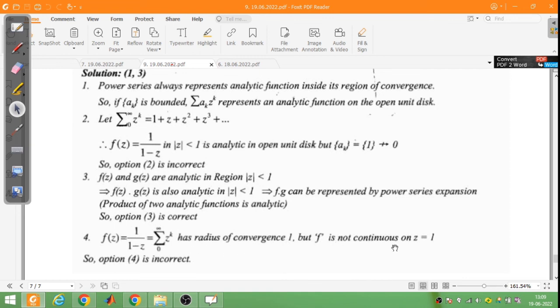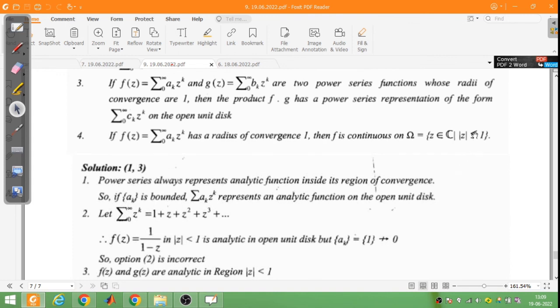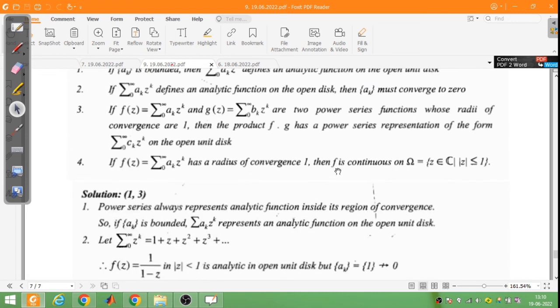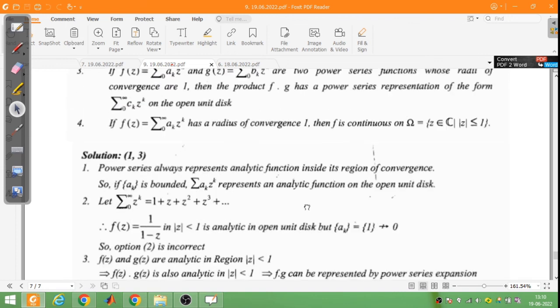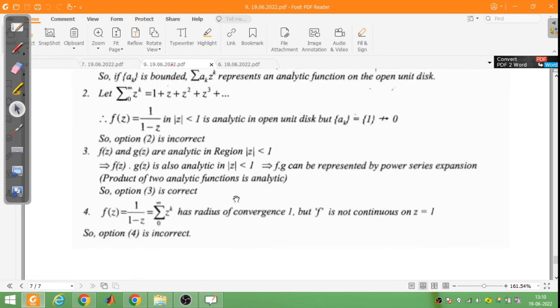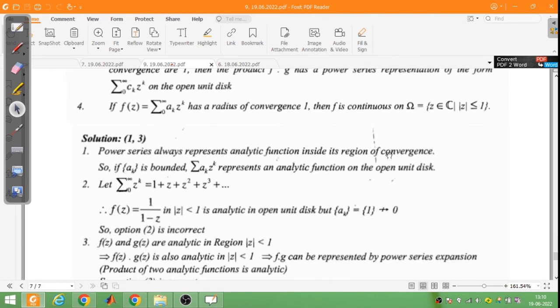But f is not continuous at z equal to 1, while our domain contains 1. For a different f it could be true, but it must be true for all f for the option to be true. In my example it is not true, therefore option 4 is wrong.